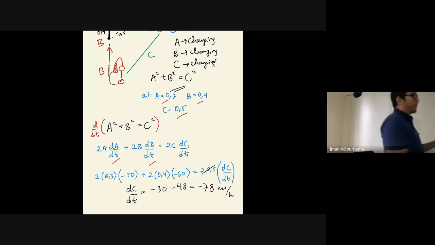Negative or positive in velocity terms means direction. You can also use the positive, but you need to understand what happens in real time. I'm using the negative because I'm thinking, oh, it's getting smaller. It's decreasing in length. So this minus means C is getting smaller, at 78 miles per hour.